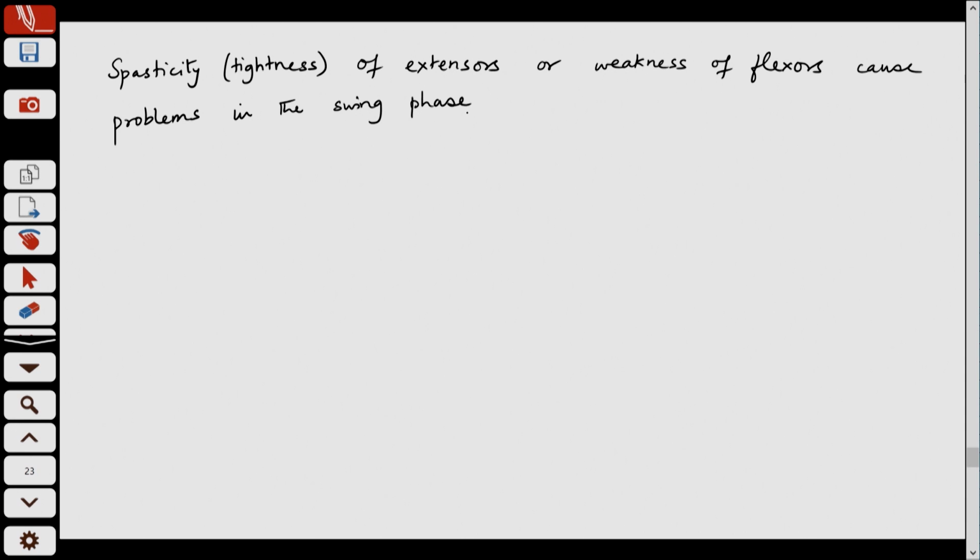Sometimes if you have an assistive device that mechanically locks the hip or the knee, that also causes problems with this. Okay.